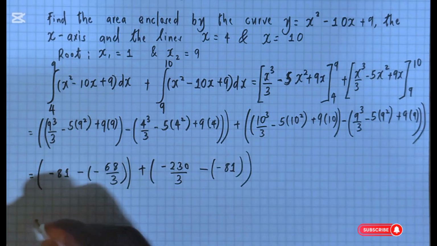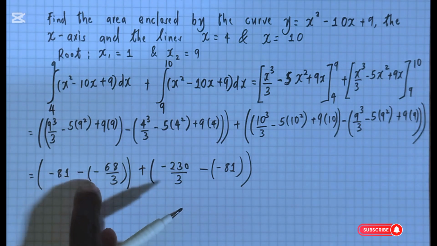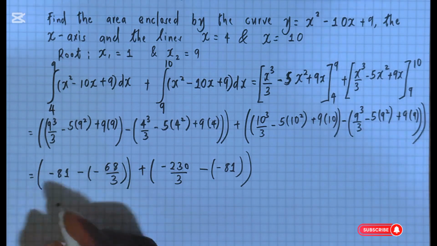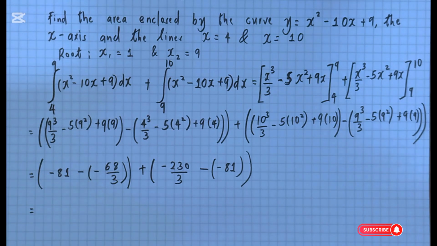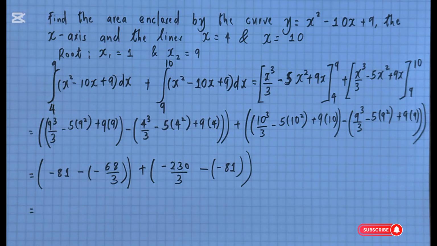When you do the math, let us first simplify whatever we have in this bracket right here. When you have negative 81 minus negative 68 over 3, let me give the answer as a mixed fraction.